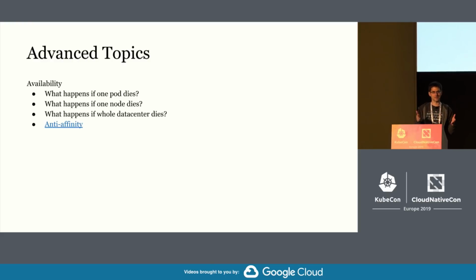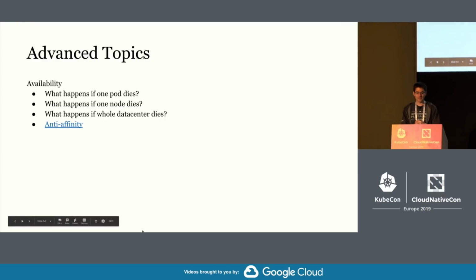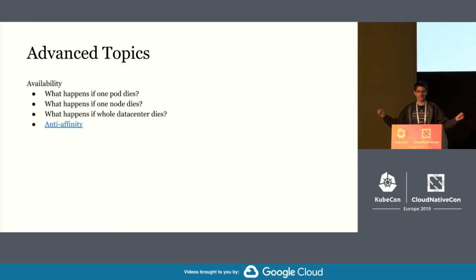So if the node goes down, all the pods from Cassandra will go down and your database is down. So you should probably make sure that they spread evenly across the cluster. Kubernetes has a concept for that called anti-affinity. And it can also help you to spread the pods of Cassandra across different data centers or different availability zones. So you should plan ahead.